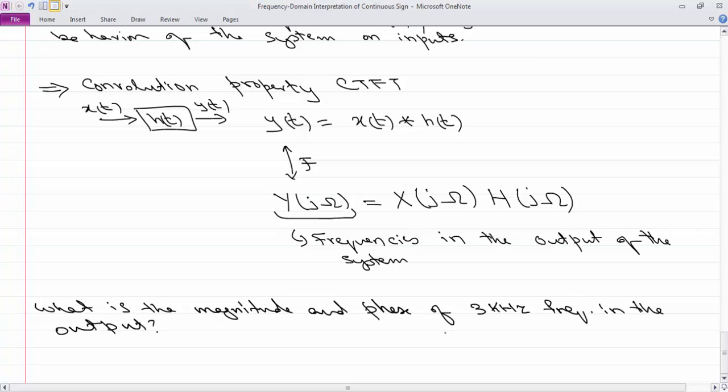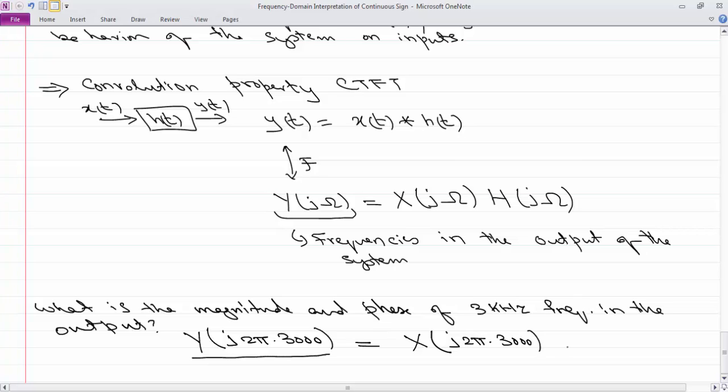So what does that mean? That means I am interested in finding out what is y(j2π·3000). Right? That's 3 kilohertz. By the formula, that is equal to x(j2π·3000) times h(j2π·3000).